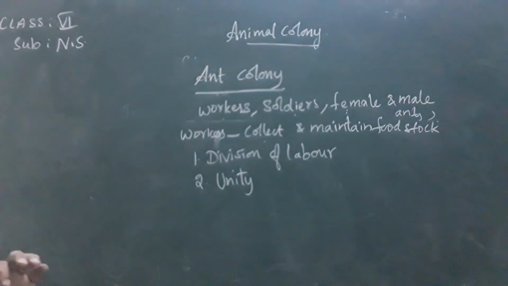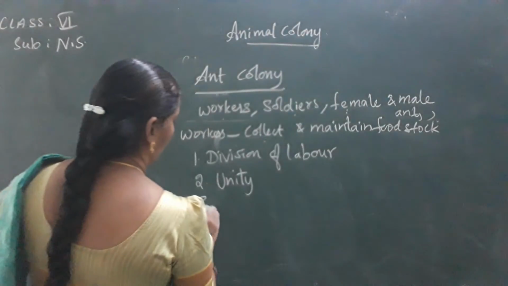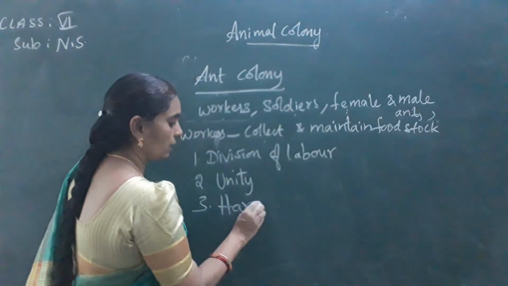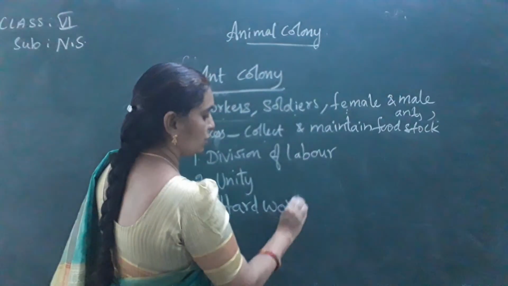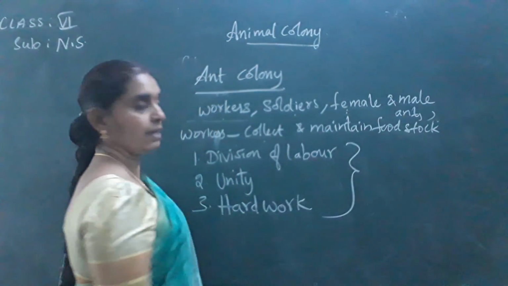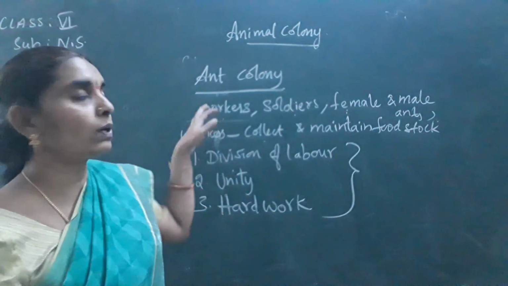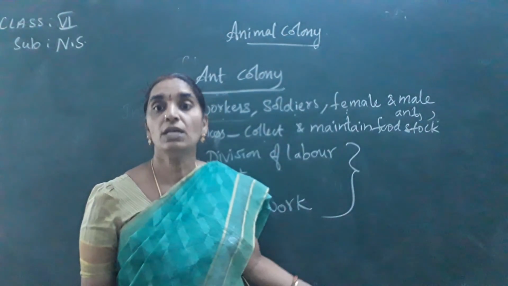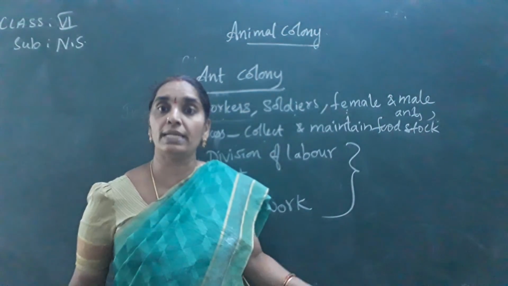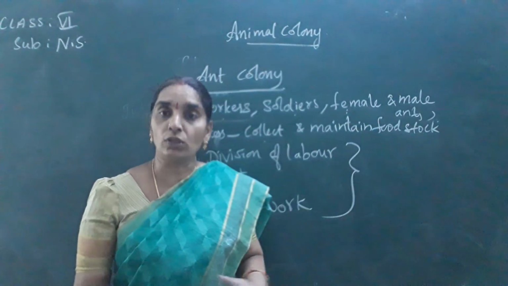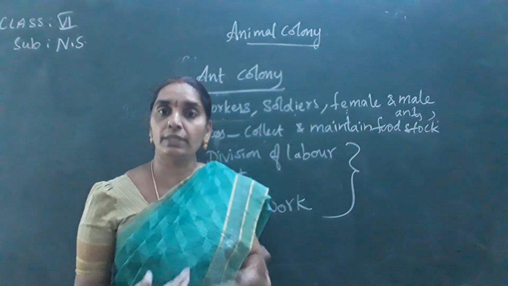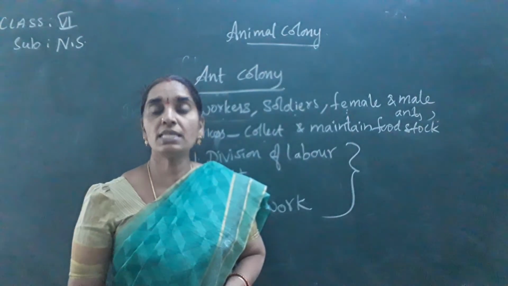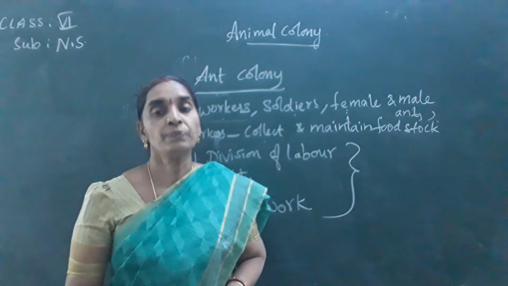You can learn hard work, unity and division of labor from the ants. Okay, this is about the animal colony. Mostly all the animals move in colonies in search of food, and mostly they distribute the food among themselves, whoever got the food. This is what we have to learn from the animals.